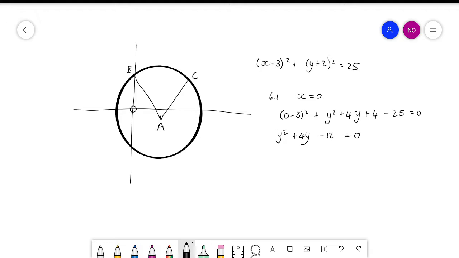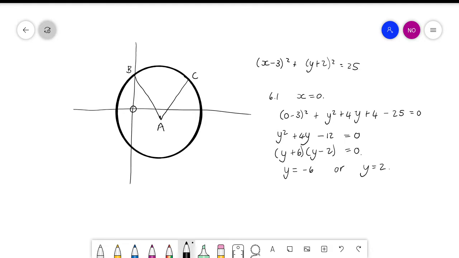Do you guys agree with the minus 12? Like that. So then y can be equal to negative 6 or y can be equal to 2.